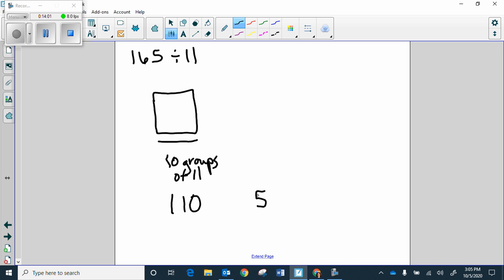From 160 to 165, that's 5 more ones. So I need to model 55 more because 110 plus 55 equals 165. Again, if you look at your multiplication chart, you can quickly see that this would be simply 5 groups of 11.